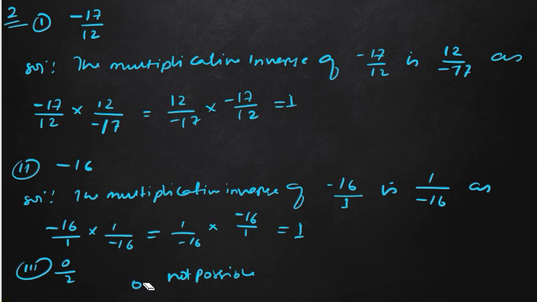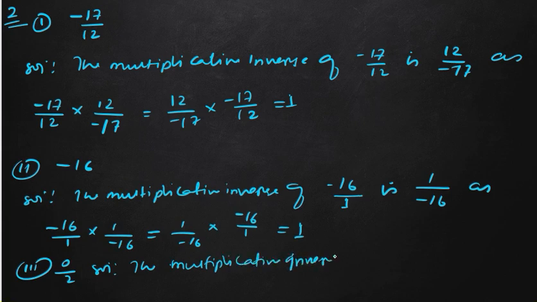You have to write that the multiplicative inverse of 0 by 2 does not exist. Or you can remember that for any rational number whose numerator is 0, that rational number does not have any inverse. As the numerator is 0, the multiplicative inverse does not exist.